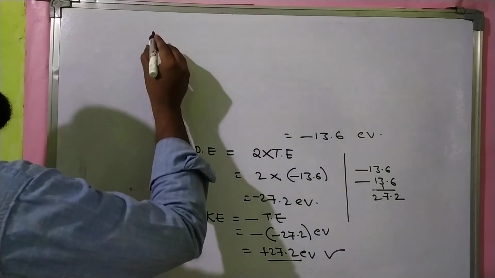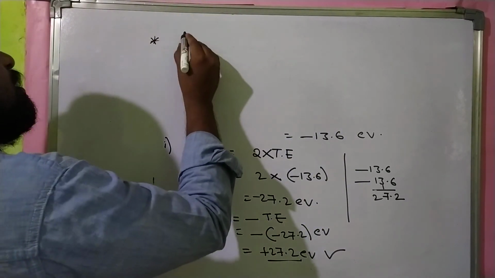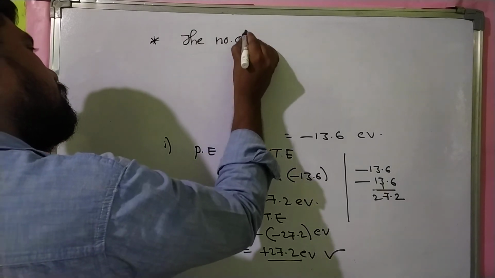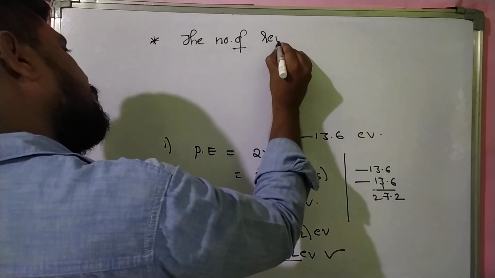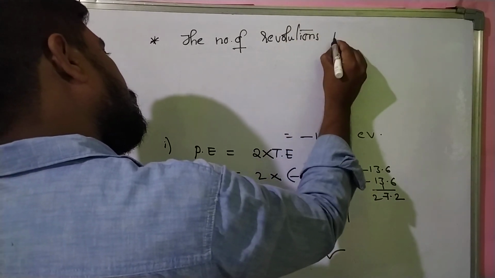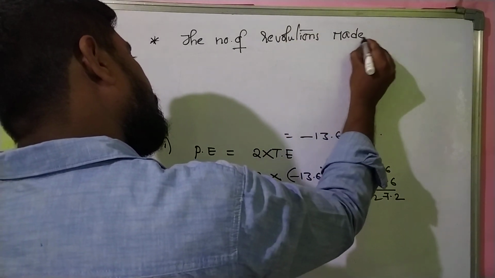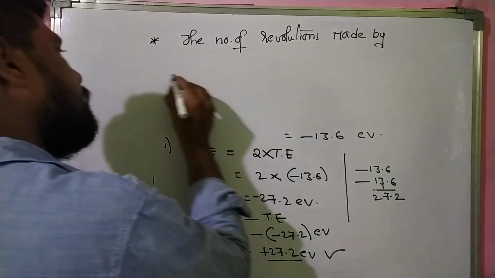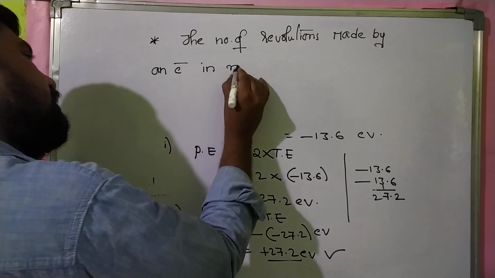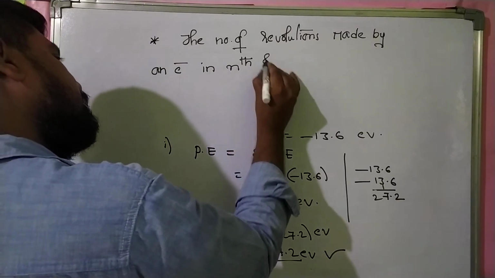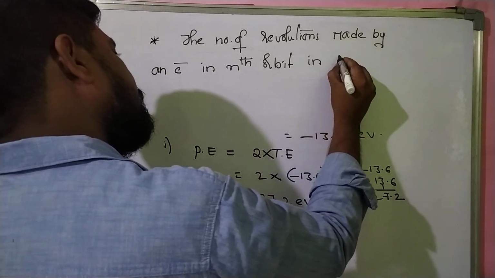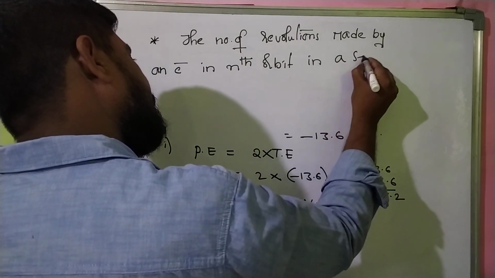Okay, and some other most important formulas. Now last, the number of revolutions made by an electron in nth orbit in a second.